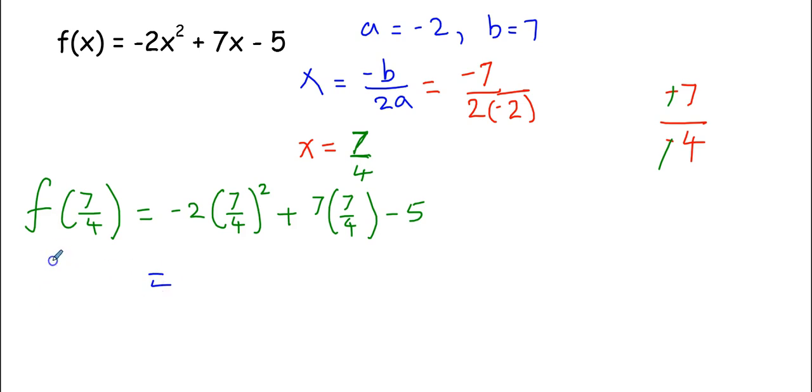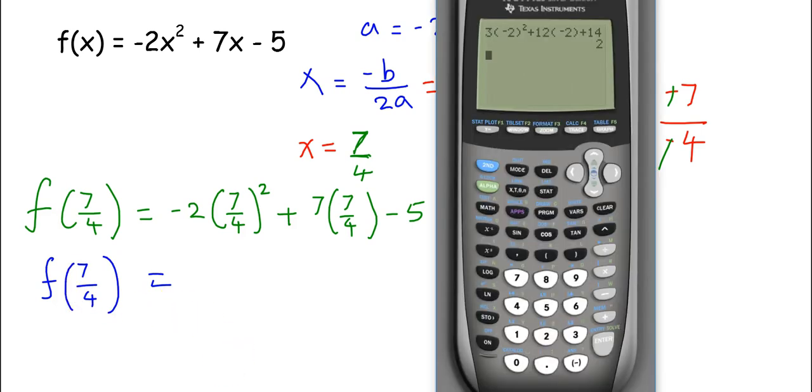So f of 7 over 4 is equal to, we will enter these numbers in the calculator.